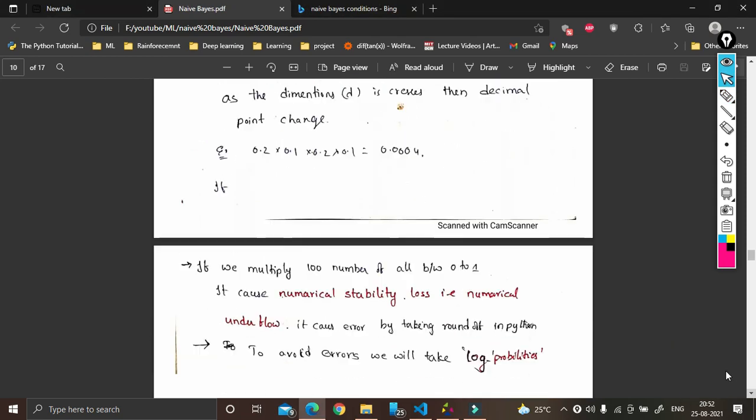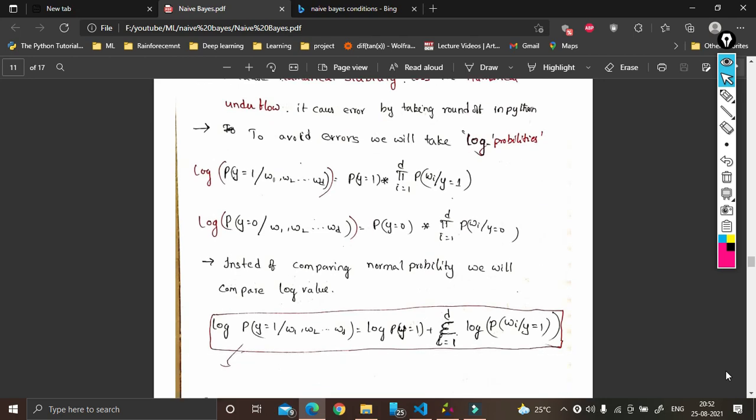To avoid this problem we use log. By applying log we can easily convert the multiplication term to addition, which is one benefit. By applying the log on both sides, we get the final equation: log of probability of y equal to 1, plus sigma of the log probabilities of each word given y equal to 1.